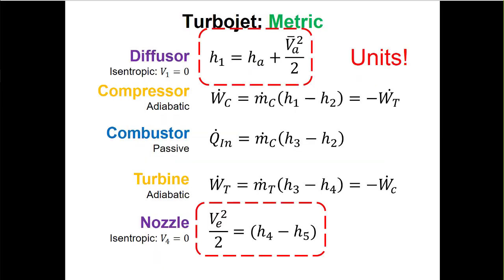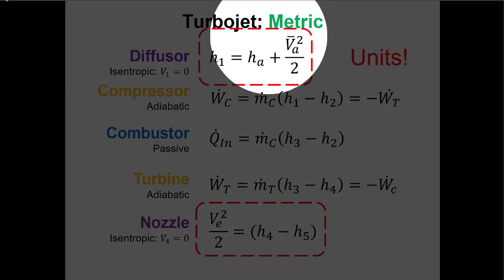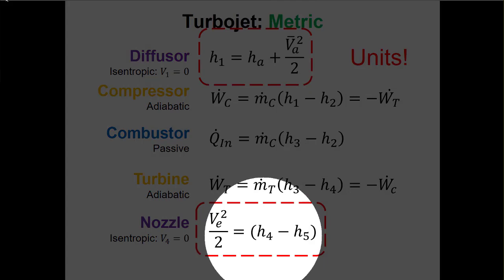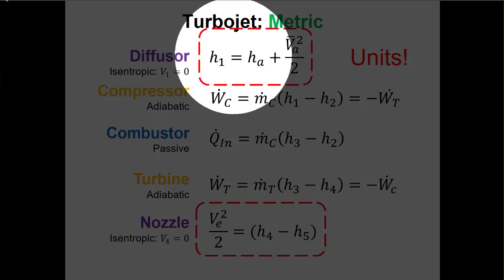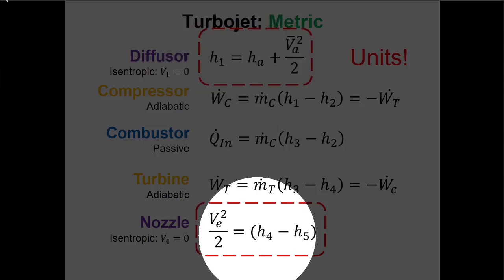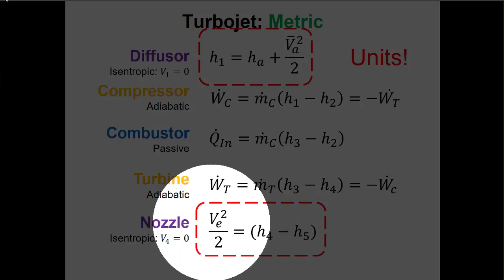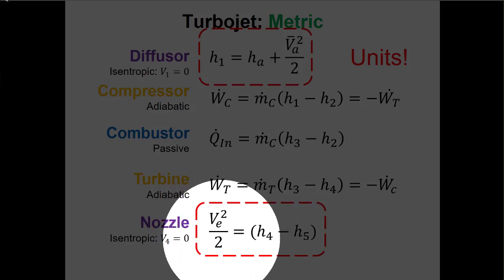If we're dealing with metric, and we can make the assumptions that we usually make, then these are the equations we would expect to get. For the diffuser and the nozzle, which are the new ones here, at the inlet we have enthalpy and kinetic energy. We're turning that all into enthalpy in the diffuser. At the nozzle, I haven't separated by inlet and outlet, but really at the outlet you have enthalpy and kinetic energy, hopefully as much kinetic energy as you can.